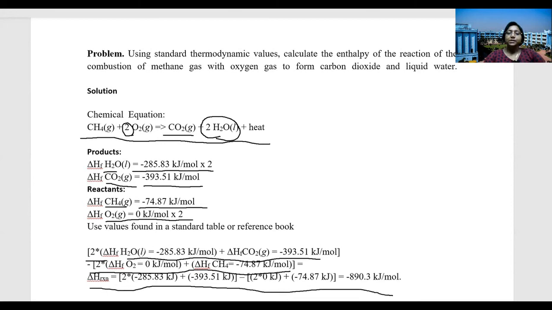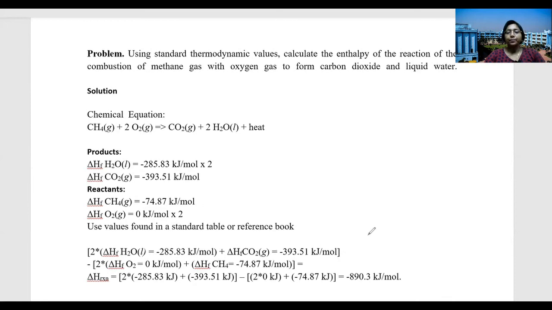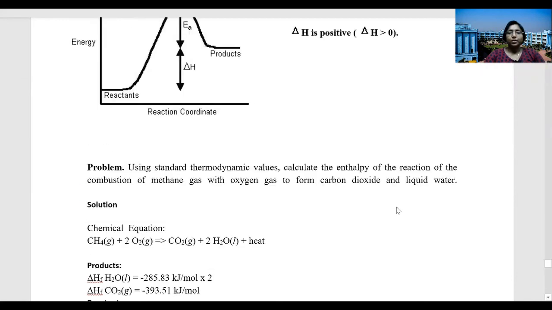So you can see here that for the enthalpy of the reaction, you got a negative value. So can you tell whether it is exothermic or endothermic? Can anyone tell? Don't worry.